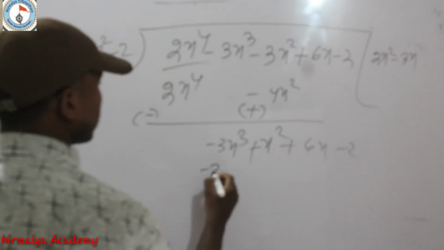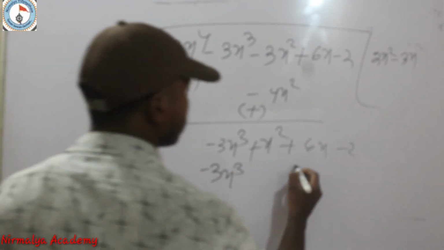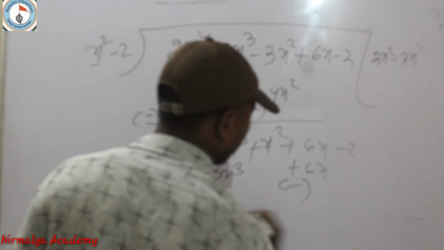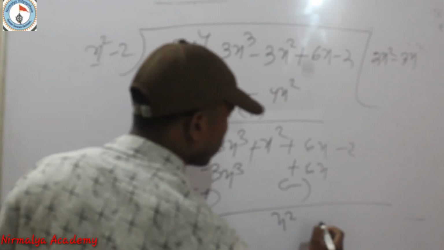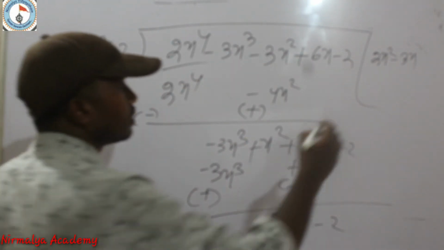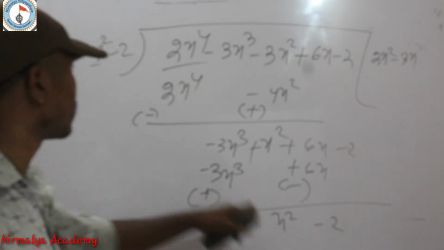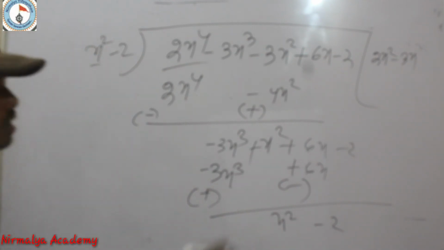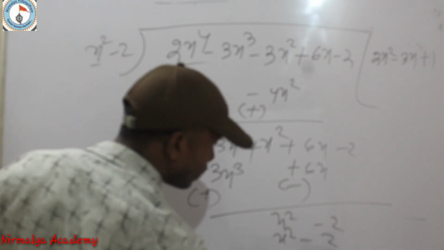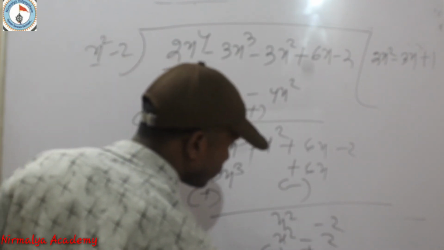That gives minus 3x cube plus 6x. Subtracting, the remainder is x square minus 2. Next, the first term is x square, and the divisor's is also x square, so we take 1. 1 into x square minus 2 is x square minus 2. So the remainder is 0.